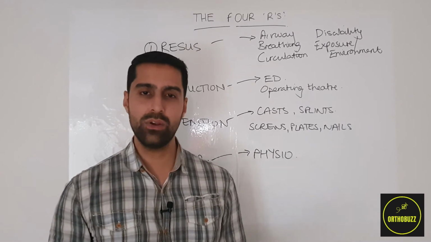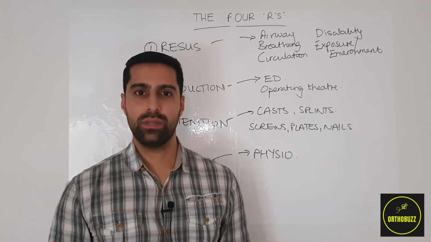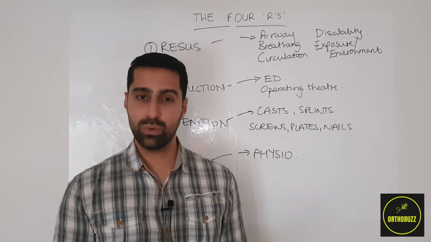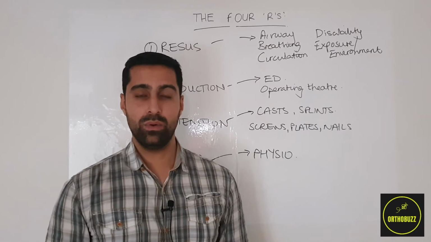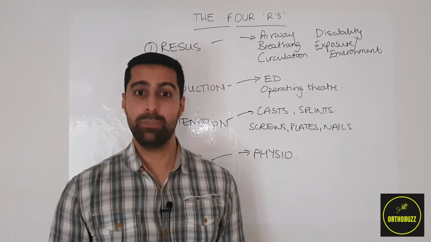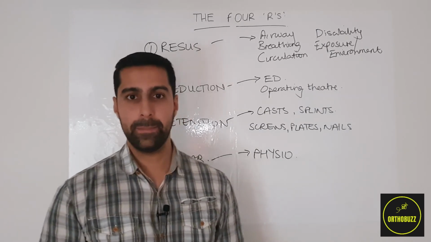This can be done in or outside the operating theatre, depending on the type of fracture and also the patient in some cases. It also depends on the resources we have and also the age of the patient in some cases, as children do not tolerate manipulations in the emergency department and therefore may require a general anaesthetic.